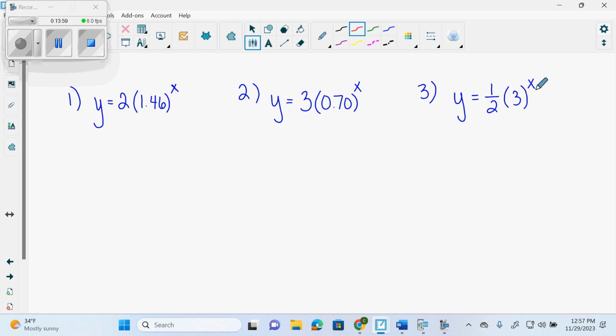I don't want them sketched. We've already shown we can sketch a graph. I want all the information about it though. I want what the asymptote is: is it horizontal or vertical, and what is the equation? I want if it's increasing or decreasing.